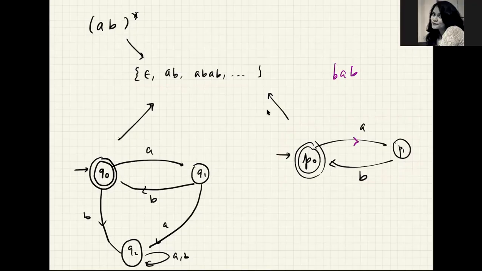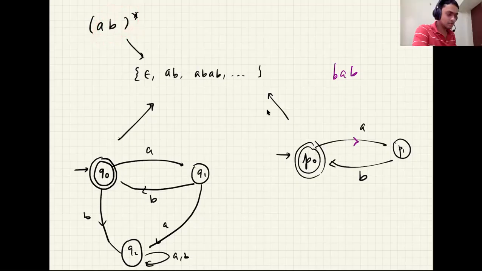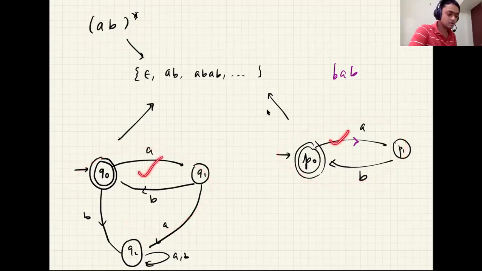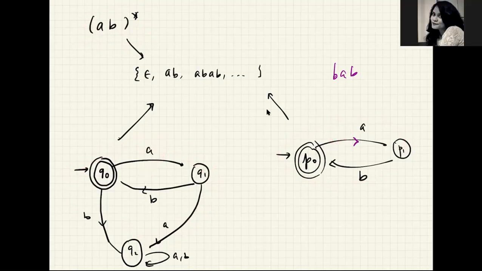Is there any advantage of the formula which is on the LHS over the one which is on the RHS? You mean this versus this? Yes, sir, the regular expression versus this one.